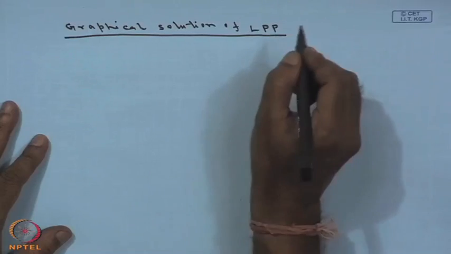As I told at the very beginning, I can find out the graphical solution of the LPP whenever the objective function consists of two variables only, because you can draw the graphs in 2 dimensions. Of course, for 3 dimensions, that is if I am having 3 decision variables, then also we can plot the graph in 3 dimensions, but it will be a little bit complicated.